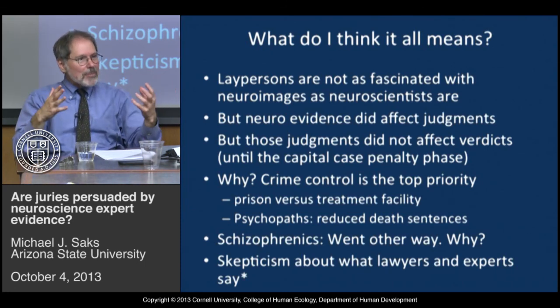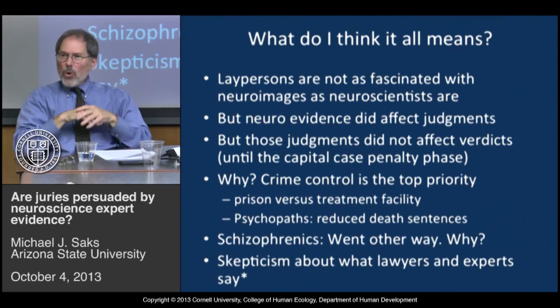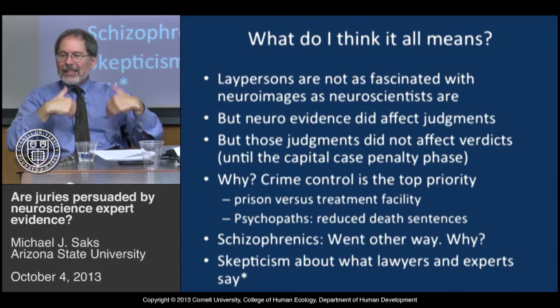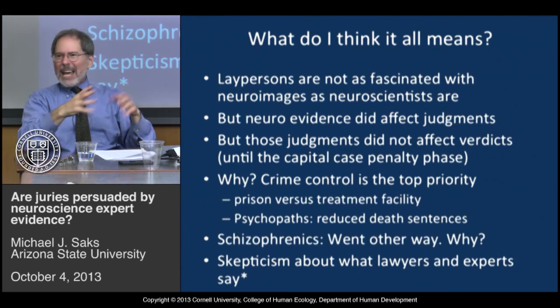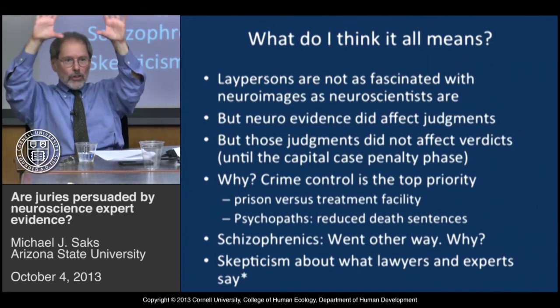So they're very skeptical of that, and I think what the neuroimage did in that one was to show that it's real, that they couldn't remain as skeptical when you don't just have some tests that a psychologist gives, but you have a picture of a brain.